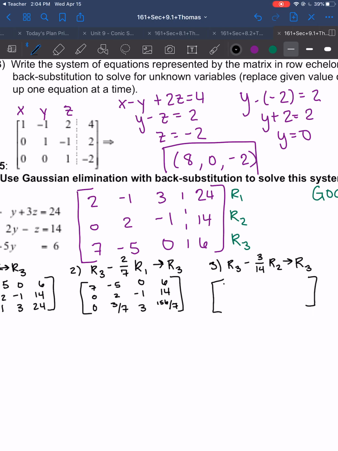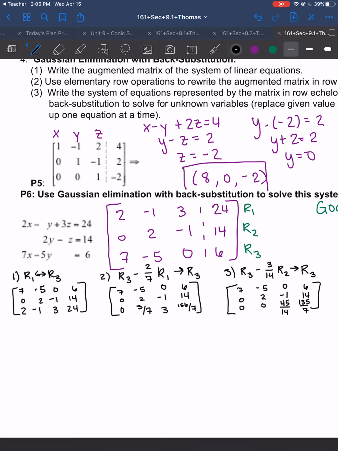So 7, 0, 0, -5, 2, this will become 0. This will be 0, -1, 45/14, 6, 14, and then 135/7.